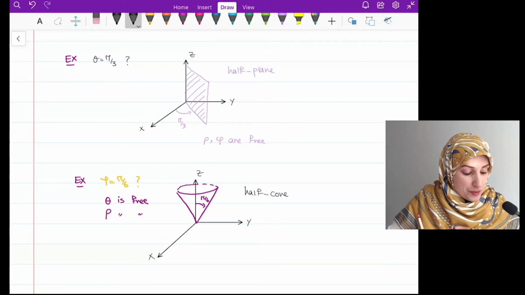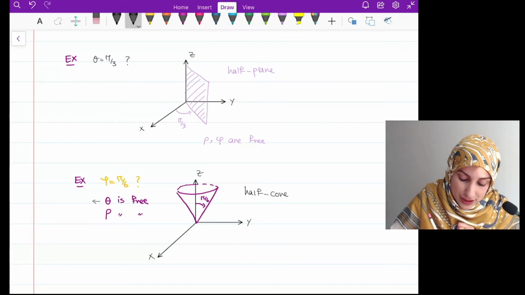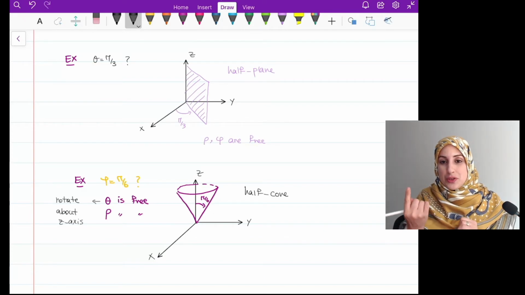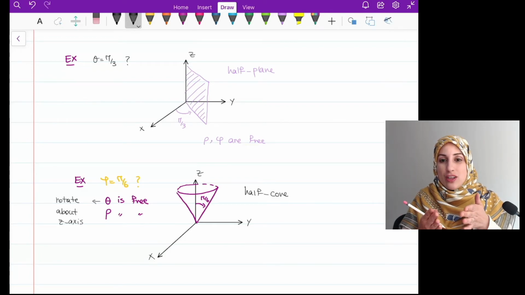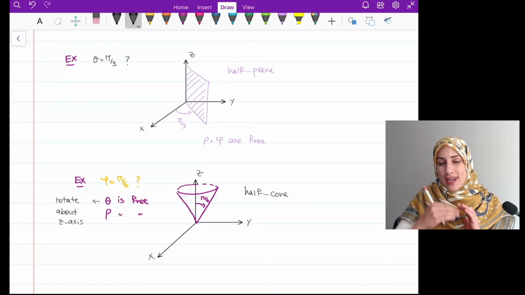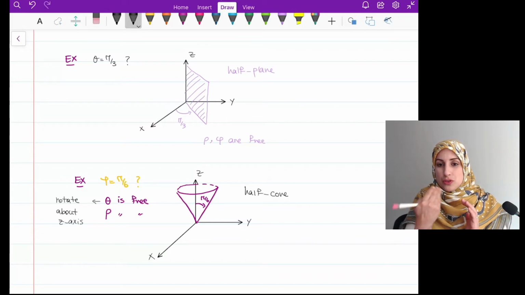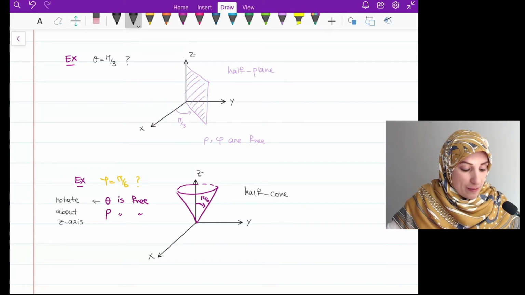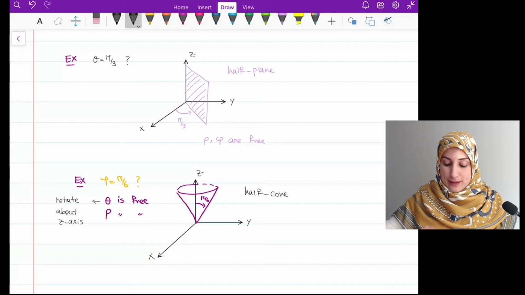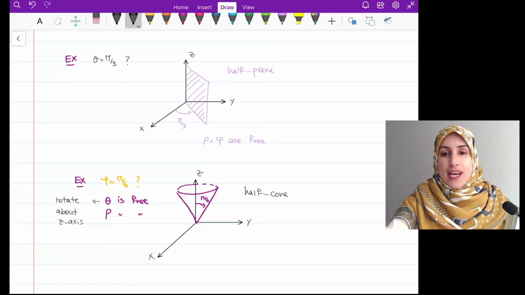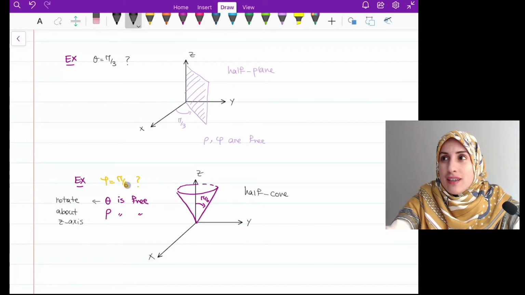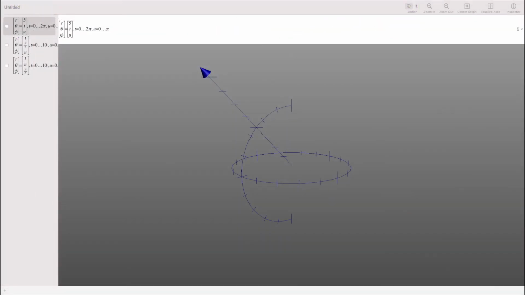Theta is free, so it's gonna rotate about the z-axis, because theta can be from 0 to 2 pi, so the angle from the positive x-axis or xz plane would be from 0 to 2 pi to make it the full shape.